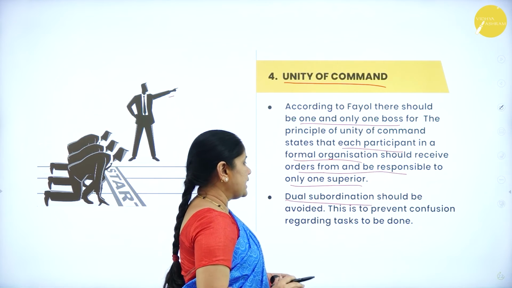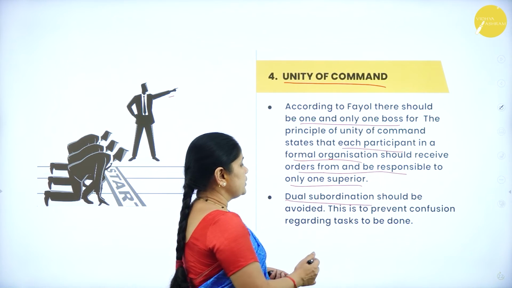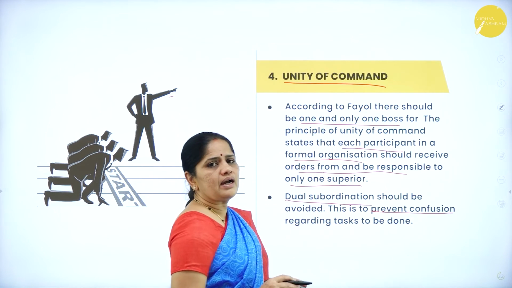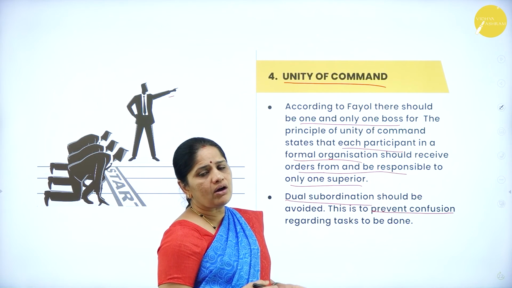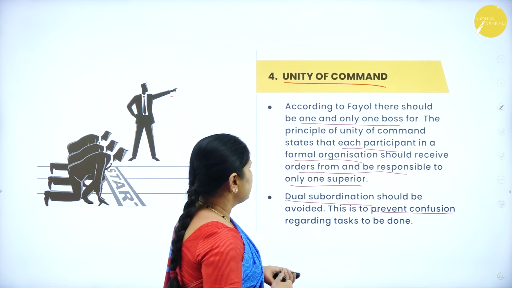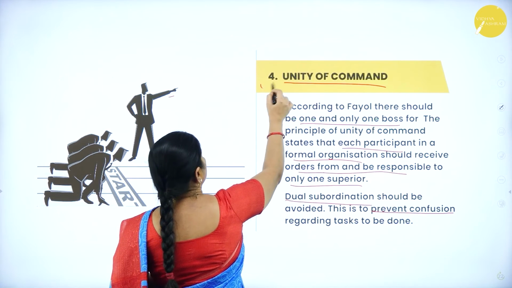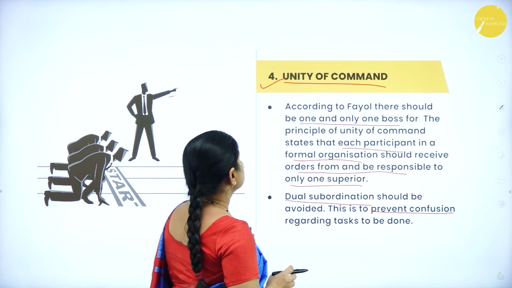We should try to avoid dual subordination. Why should we avoid it? To prevent confusion. The workers will be confused whether they have to listen to boss one or boss two. So Henri Fayol tells us that unity of command is of utmost importance in an organization.